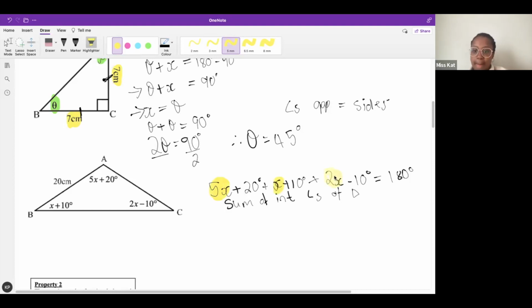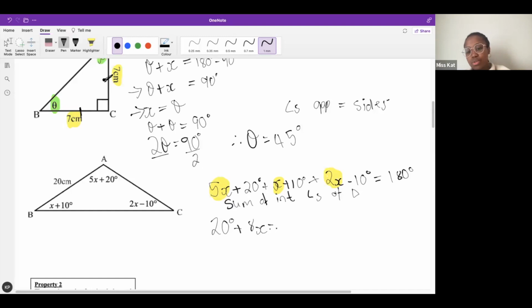I started with 20 degrees plus 10 degrees and then minus 10 degrees, and that gave me 20 degrees. And then I went to 5x plus x plus 2x, which gave me 8x.